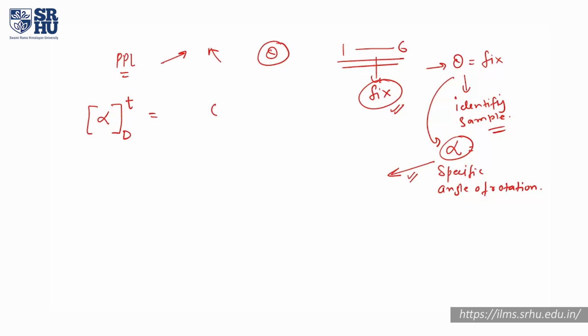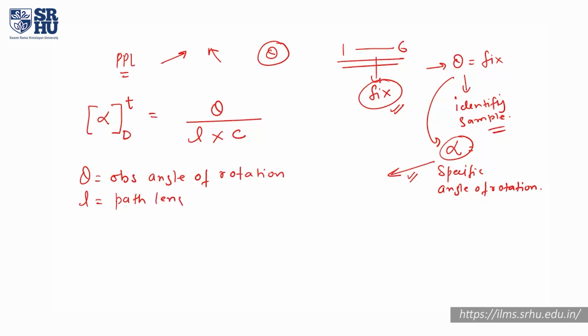It is equal to theta upon L into C, where theta is the observed angle of rotation, L is the path length and C is the concentration.